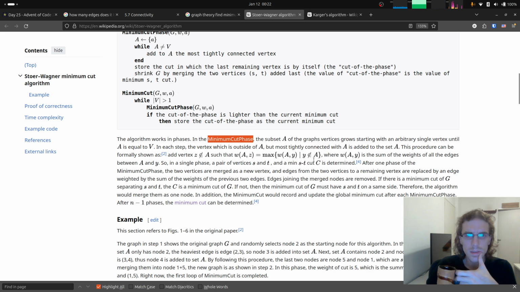Most tightly connected: the weight between A and Y, with Y not belonging to A, where that is the sum of the weights of all the edges between A and Y. So in a single phase, a pair of vertices S and T and a minimum ST cut is determined. Okay.